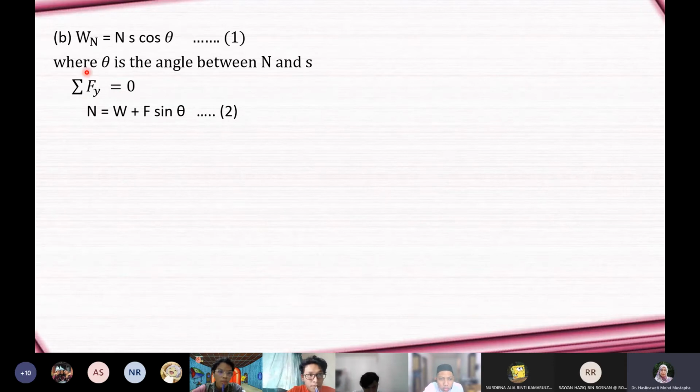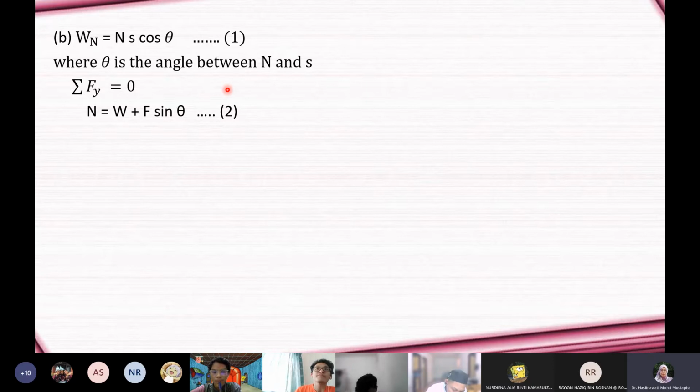Okay. So apa daya yang bertindak pada paksi Y tadi? Okay. So you refer back to your free body diagram. Okay, we have N, we have F sin theta and W. So N is equal to W plus F sin theta. Okay, so this is the second equation. And then you just substitute lah.